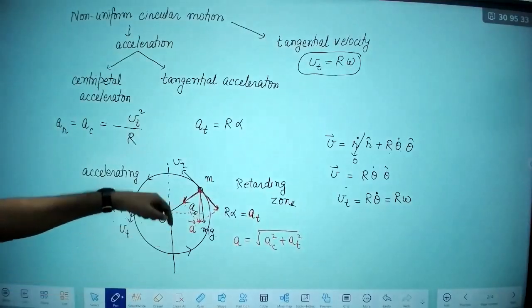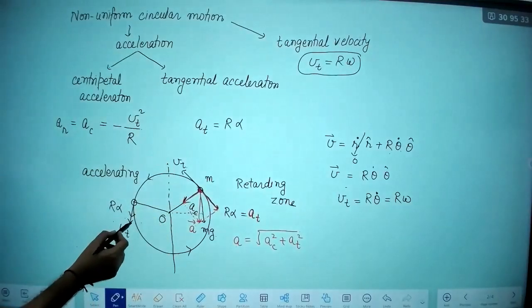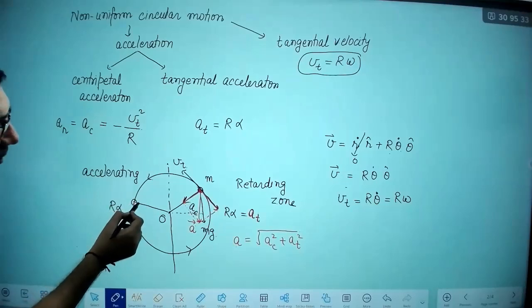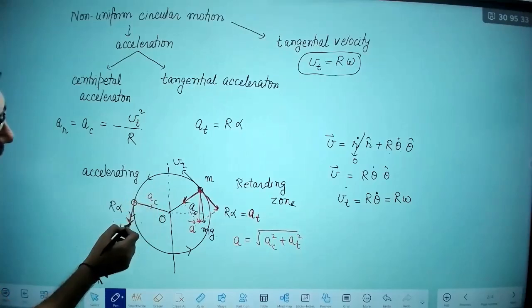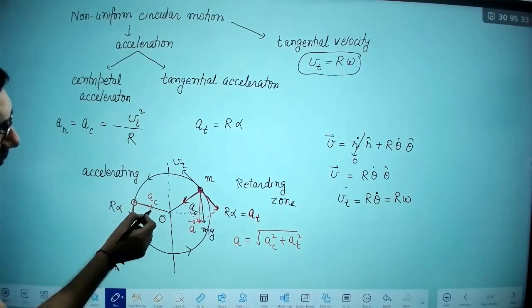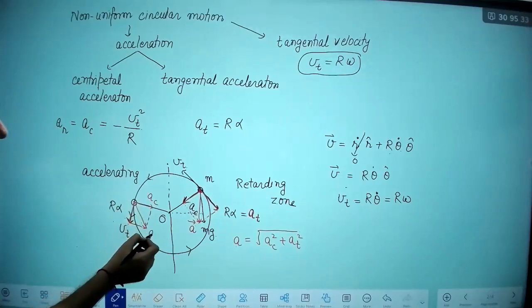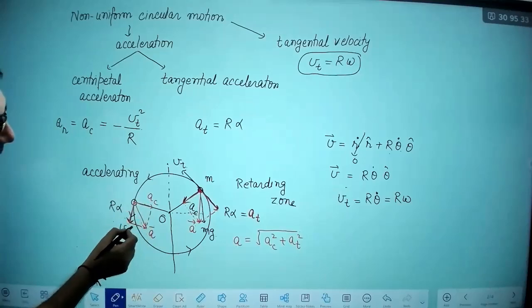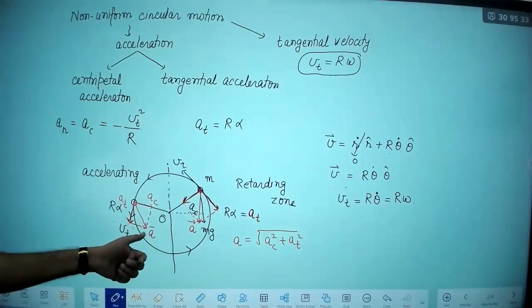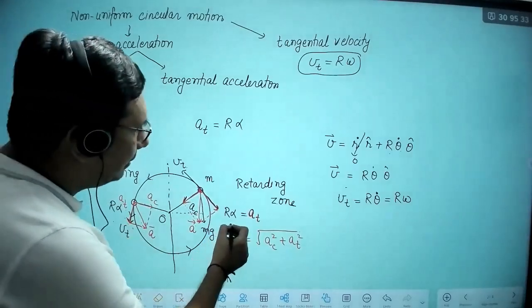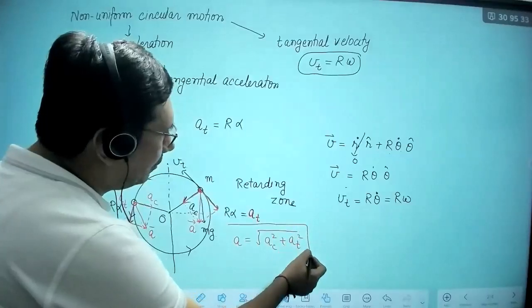Now if you look at this position, this is the direction of AT, and at 90 degree to this will be AC. This will be the net acceleration. Because AC and AT are at 90 degree, net acceleration magnitude wise will be this.